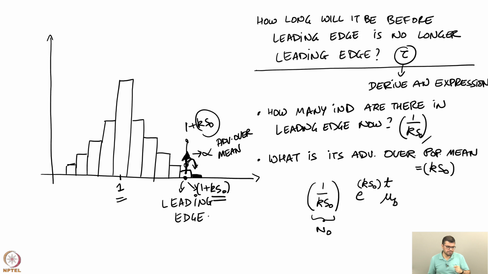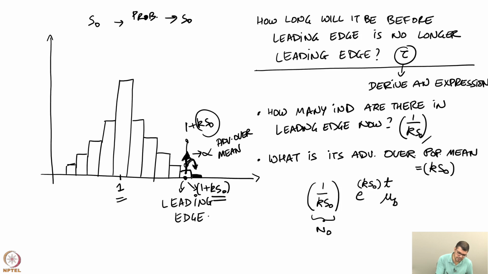So, what is the probability that these beneficial mutations are able to survive drift? If a beneficial mutation has a selection coefficient of s naught, the probability that it survives drift is also s naught. In this case, when this mutation occurs, that becomes the new leading edge.